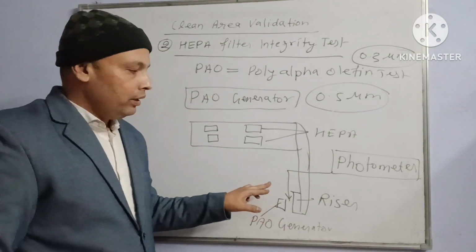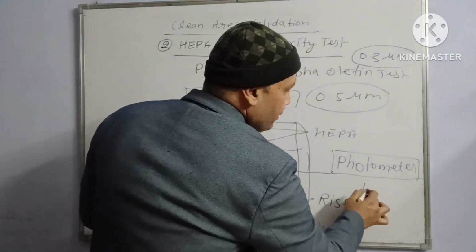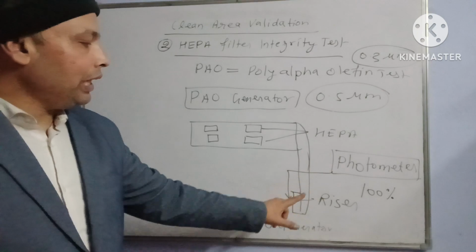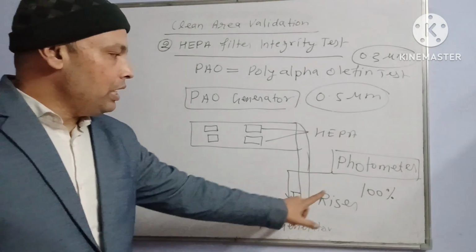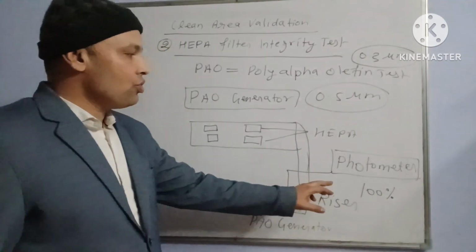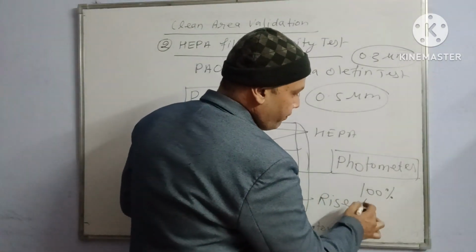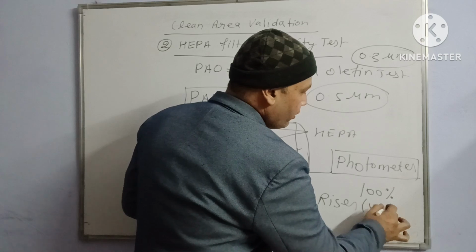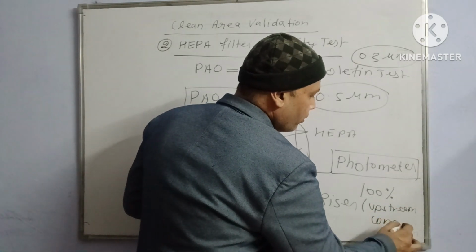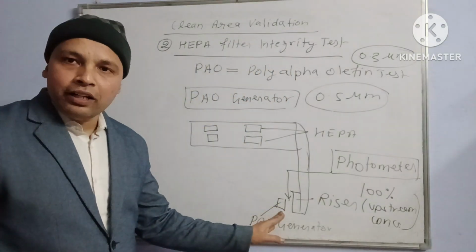Here we should get a concentration of 100%. The photometer will tell that the concentration here is 100%. This is called 100% concentration or upstream concentration. At this level we are getting 100% concentration.